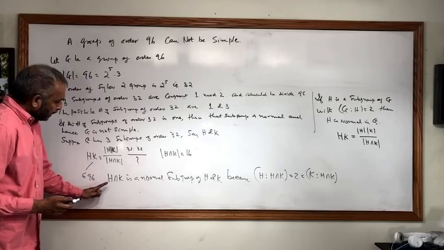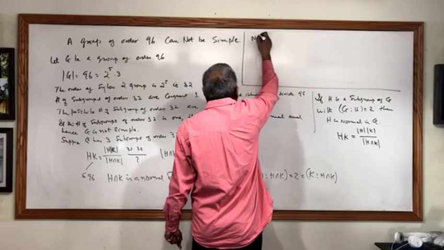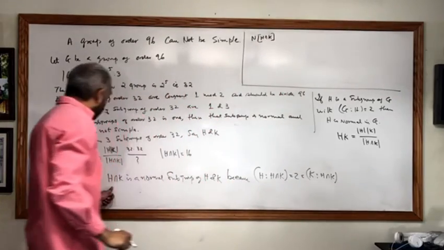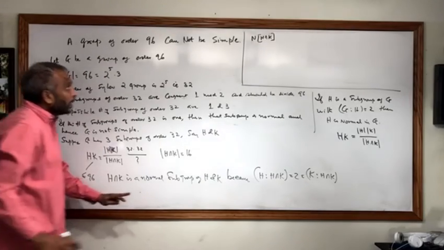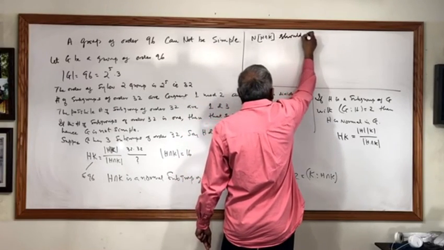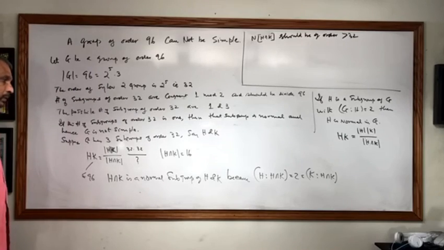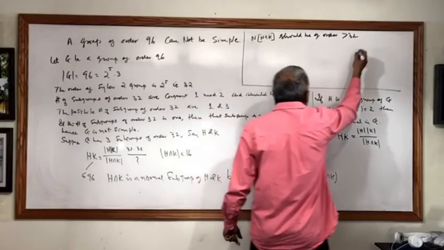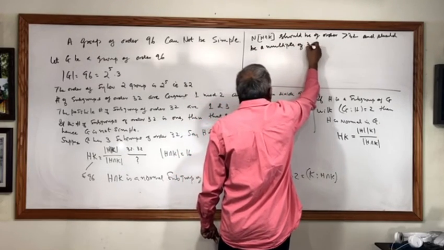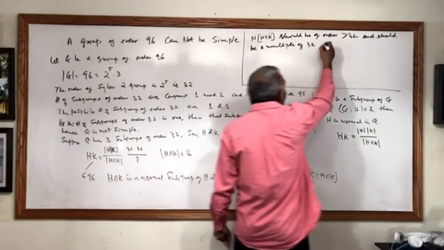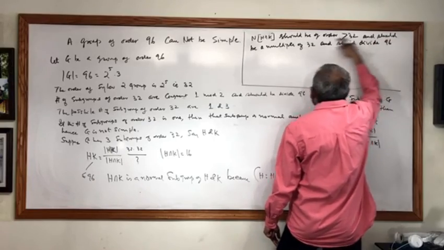Now let us take a look at the normalizer of H intersection K. See, H intersection K is already normal in H and already normal in K. So the normalizer of H intersection K should be of order greater than 32, because each of these is 32, and should be a multiple of 32 and should divide 96 because it is a subgroup.